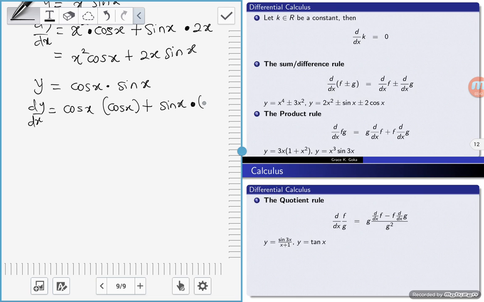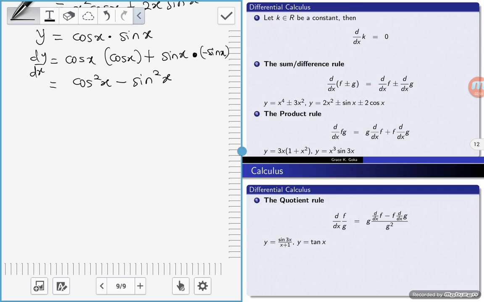If you differentiate cos x, you get negative sine of x, and this is equal to cos squared x minus sine squared x. Alright, so I want you to try your hands on y is equal to cos of 2x plus e^x sine of x.